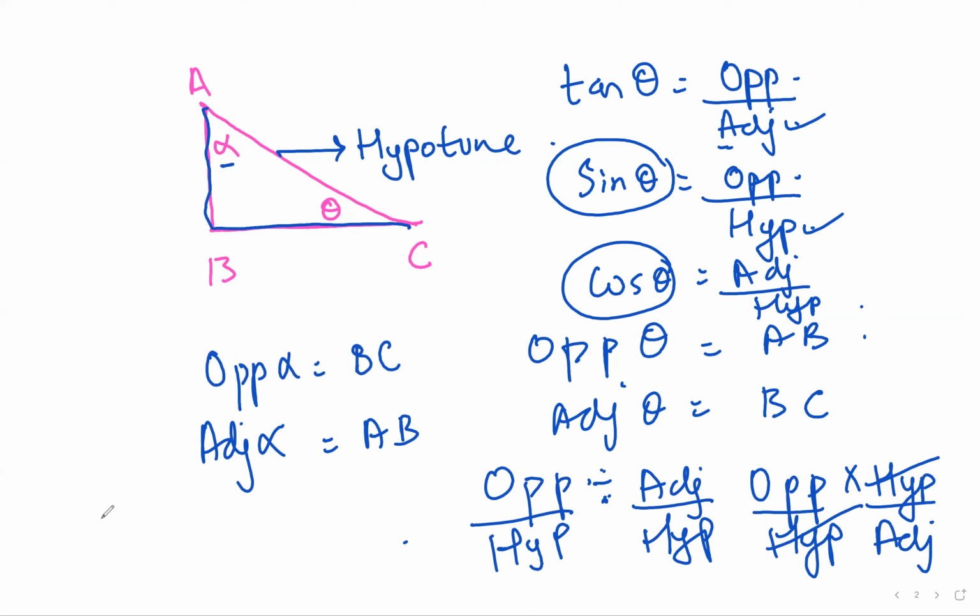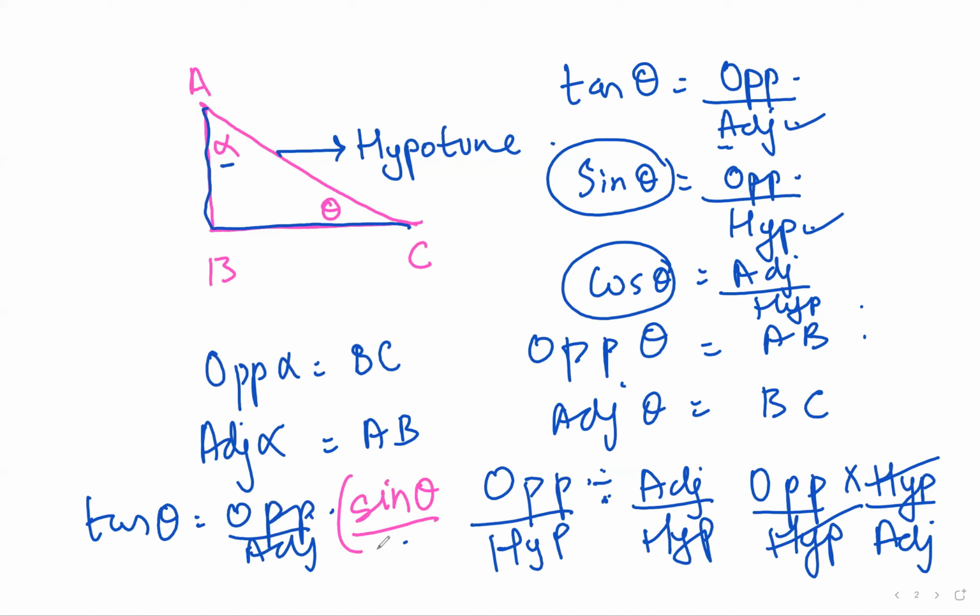So what does tan theta mean? What we got is tan theta is equal to opposite over adjacent. Did you understand this? So what did we derive here? That tan theta also means sin theta over cos theta. So you can say tan theta is equal to opposite over adjacent, or sin theta over cos theta. Just remember this rule.